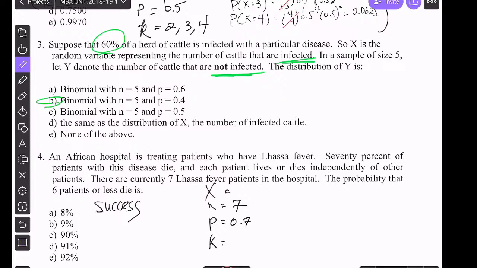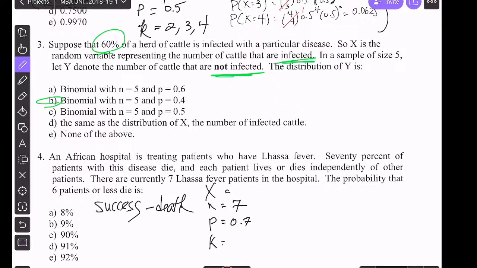Okay, so I'm defining this success, unfortunately, as dying. That's what I'm looking for. I could write it the other way, but this is the most straightforward. So K is what?